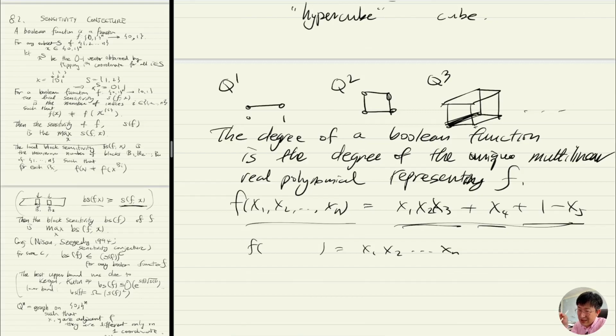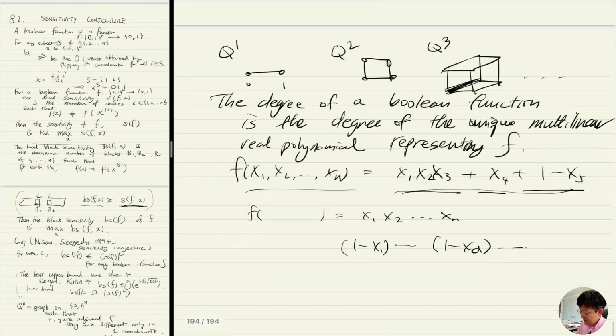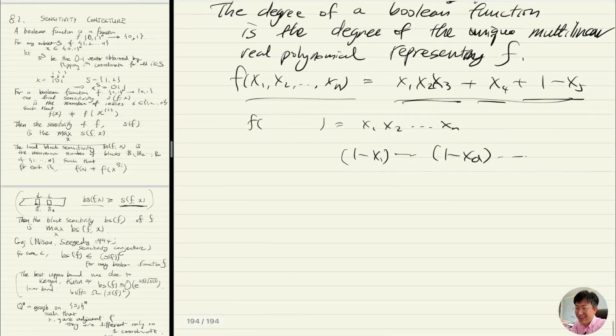Then you take a linear combination of these functions where instead of x1 you may use 1 minus x1, right? So you can make a linear combination of these monomials, and then you expand it, and you get some multilinear polynomial this way. There may, of course, be cancellations and things like that.